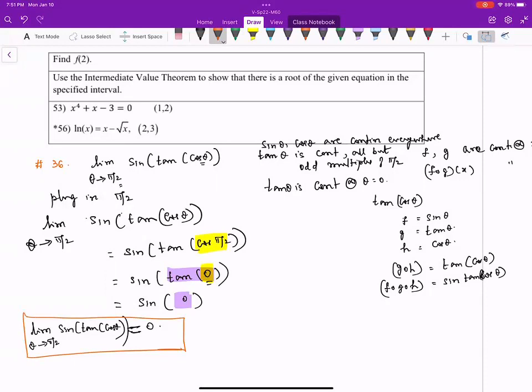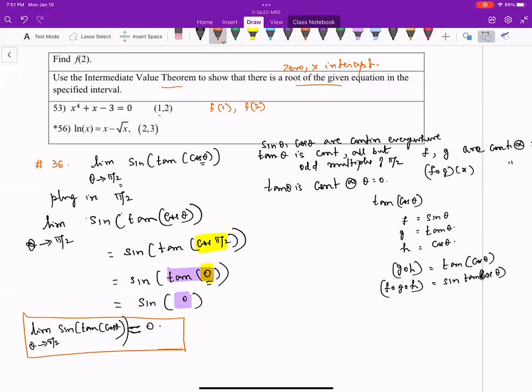All right. Whenever they ask you in an intermediate value theorem problem to show that there is a root of the given equation, we know that root, another word, is 0 or the x-intercept. So for these problems, all you have to do is for the first one, consider f of 1 and then f of 2 and show that they have opposite signs.